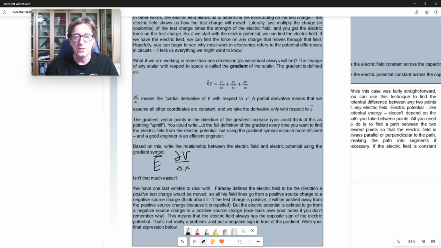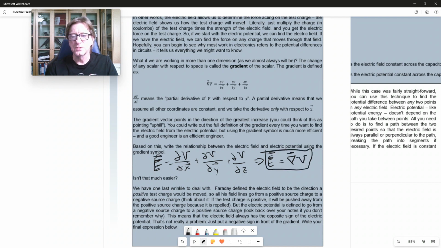So the total electric field is the partial v partial x plus partial v partial y plus partial v partial z. I can simply indicate that the electric field is just the gradient of the electric potential. And that's going to be very useful from a calculus standpoint when we're doing that.